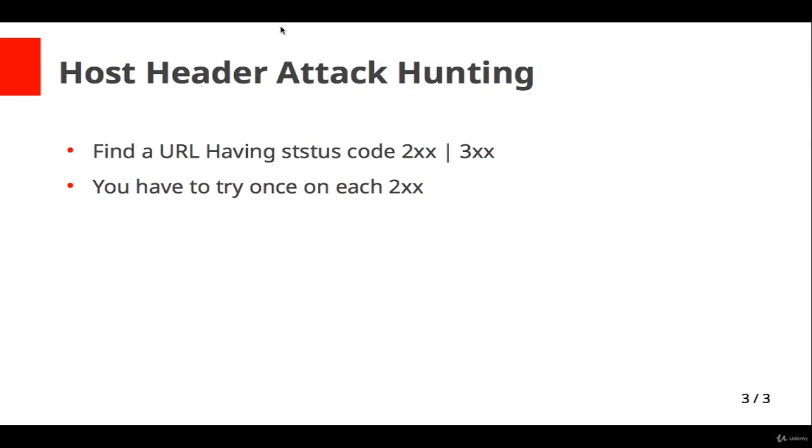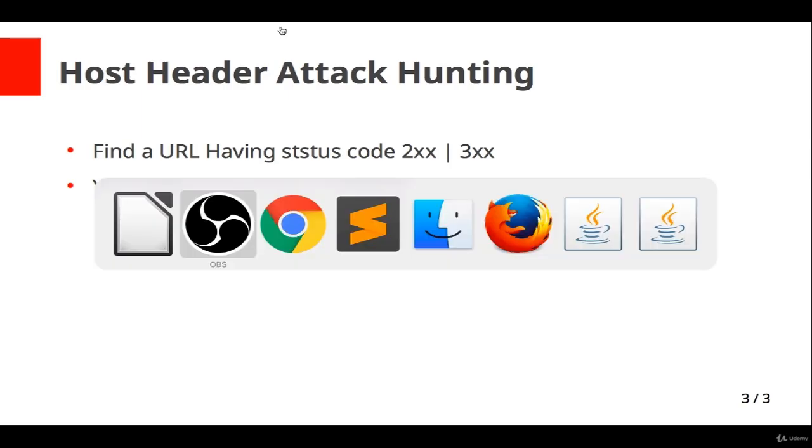Now we'll see host header attack hunting. So the steps are very simple. You have to find a URL having a status code either from the 2XX or from the 3XX range, and then you have to try it once on each 2XX. What does that mean? See this.